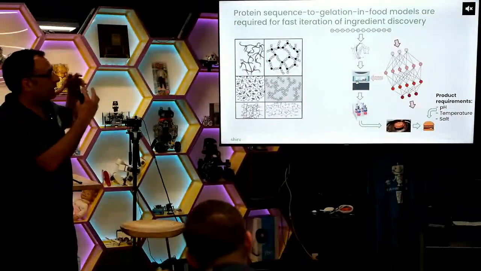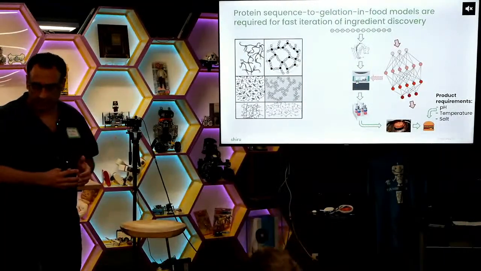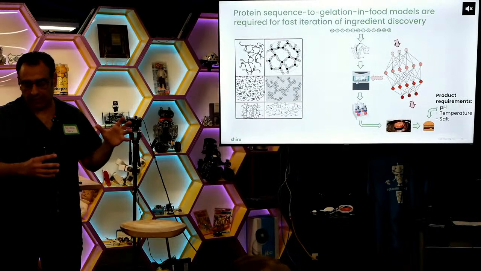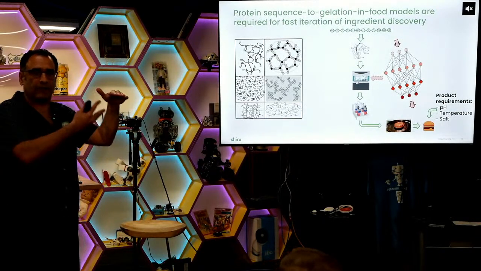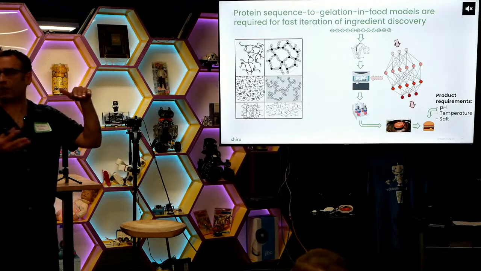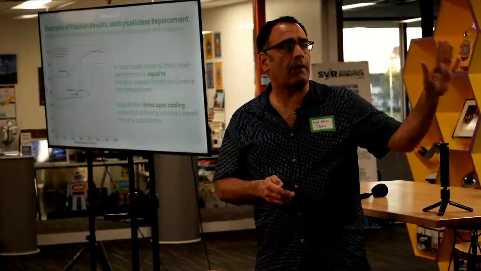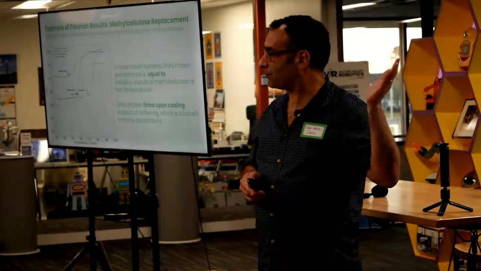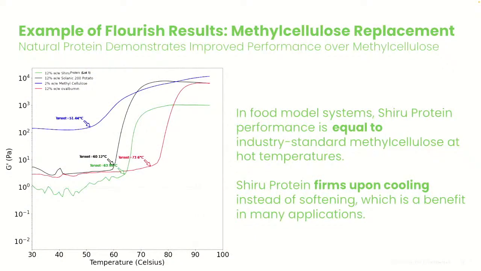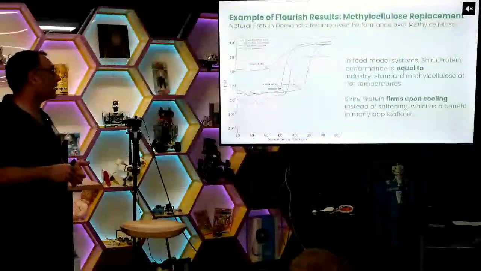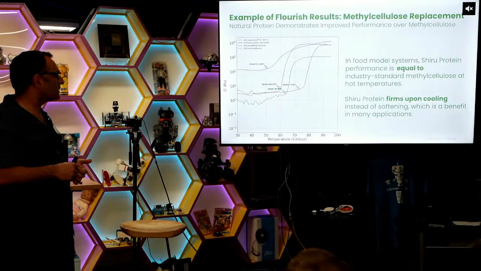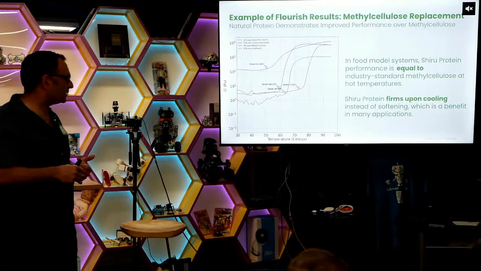But this computational infrastructure is actually taking care of many steps along the way that also require prediction. This is just an example of our methylcellulose protein that we have in-house. What you see here is rheology.